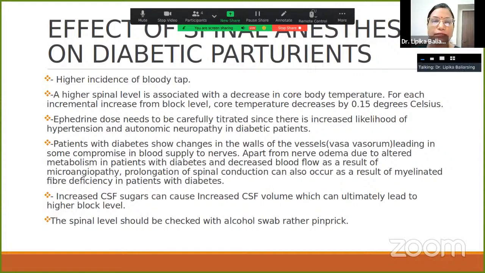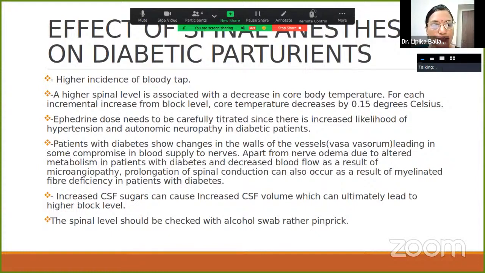That shows that the block is going to be more prolonged, and we can make out by measuring the core temperature. We can make out the progress of the block, so that total spinal or high spinal will not be happening. Ephedrine dose needs to be carefully titrated since there is increased likelihood of hypertension and autonomic neuropathy in diabetic patients. So there can be an exaggerated response if we give ephedrine in the face of hypotension.